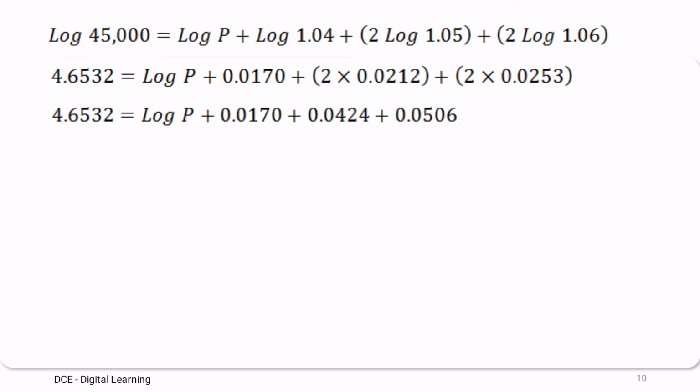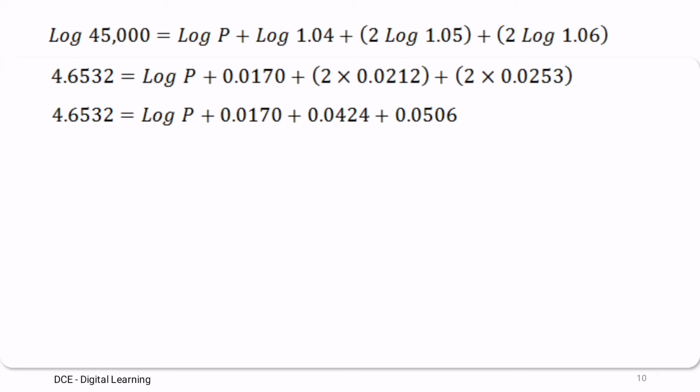Now 4.6532 equals log P plus 0.0170, 2 into 0.0212 is 0.0424, plus 2 into 0.0253 is 0.0506. So 4.6532 equals log P plus 0.0170 plus 0.0424 plus 0.0506, which is 0.1100.